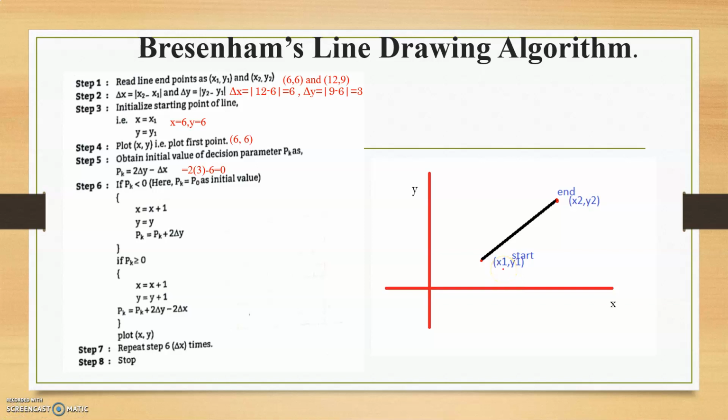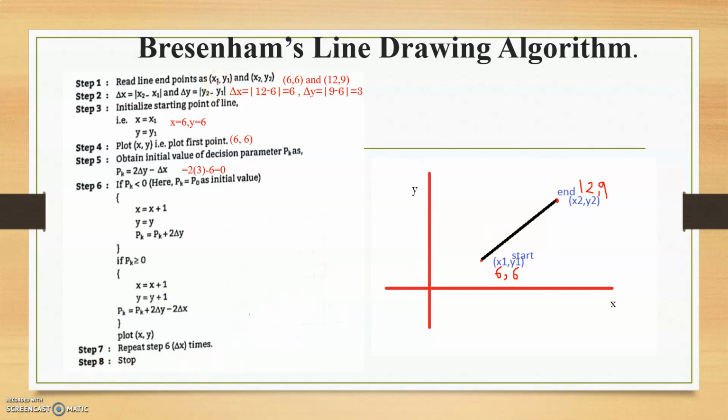This is your starting point 6, 6, and this is your ending point 12, 9. In this algorithm, you have to find the intermediate points of this line using Bresenham's line drawing algorithm.